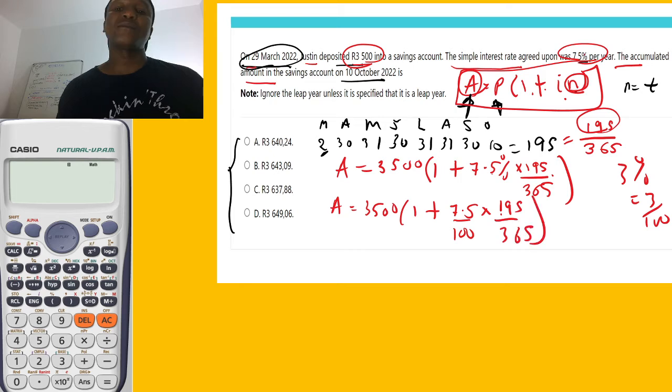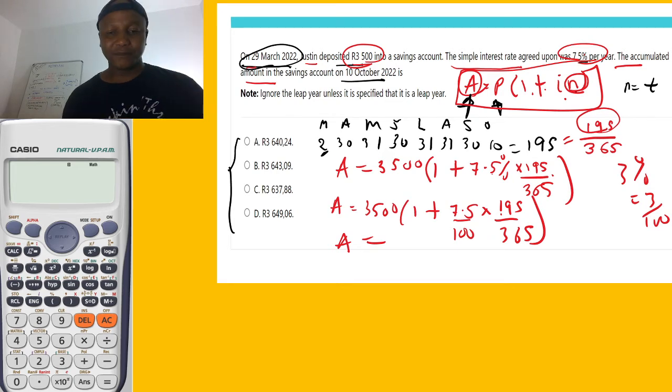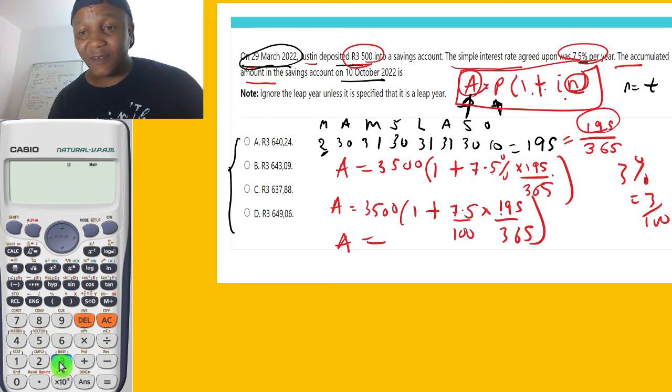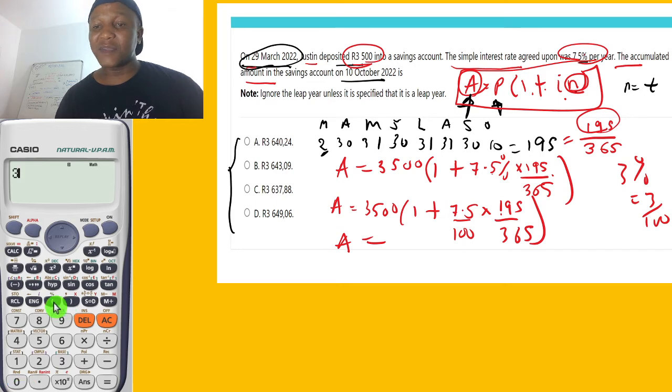Okay, so if you plug it into the calculator, it's going to give you the amount. Let's plug it in together and see. We're going to say 35,000. My calculator sometimes gets stuck.